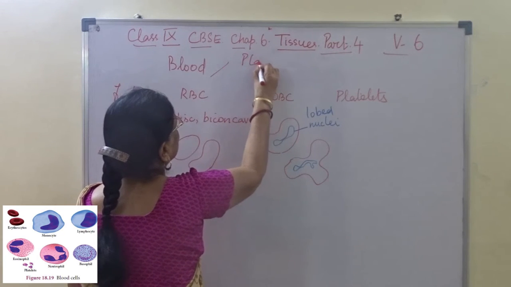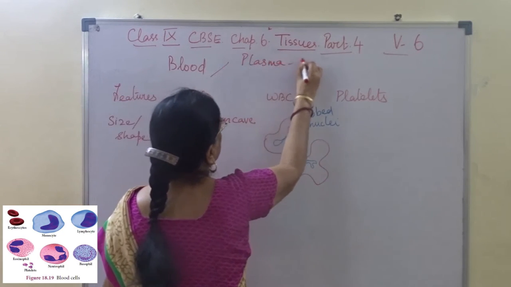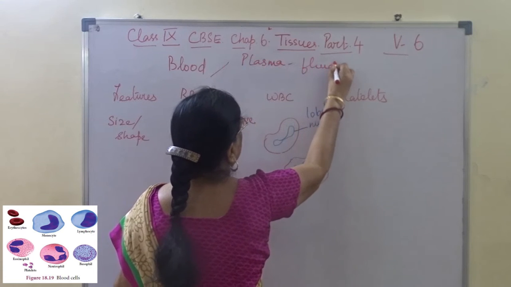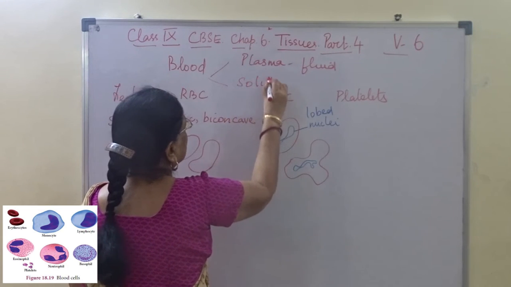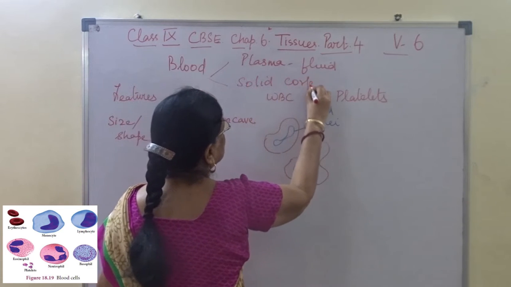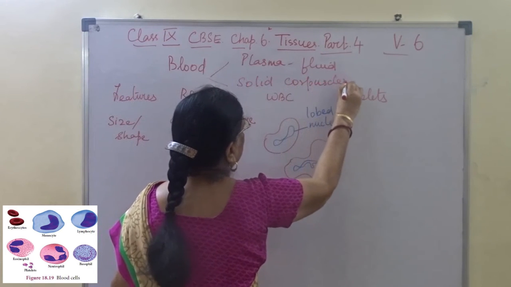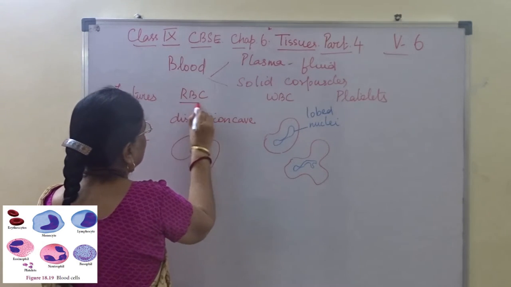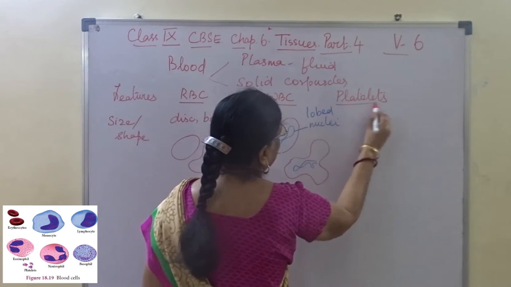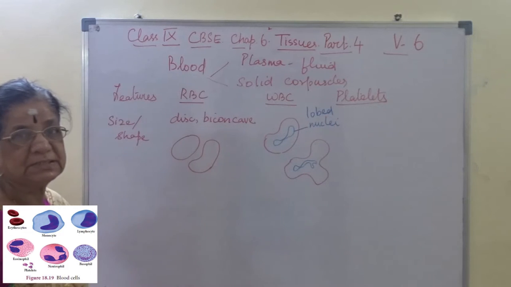Now, blood is a liquid connective tissue formed of blood plasma, the fluid portion, and solid corpuscles. These solid corpuscles are RBC, WBC and blood platelets.